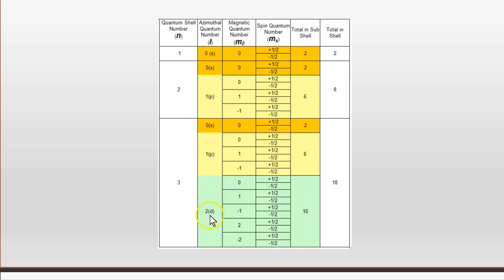Within the L equals 2 shell, the magnetic quantum number can range from -2 to -1, 0, 1, and 2. Each of those accommodating two electrons, which gives a total of 10 electrons in the D subshell. When we add these up, we can see that the n equals 3 shell can accommodate a maximum number of 18 electrons.